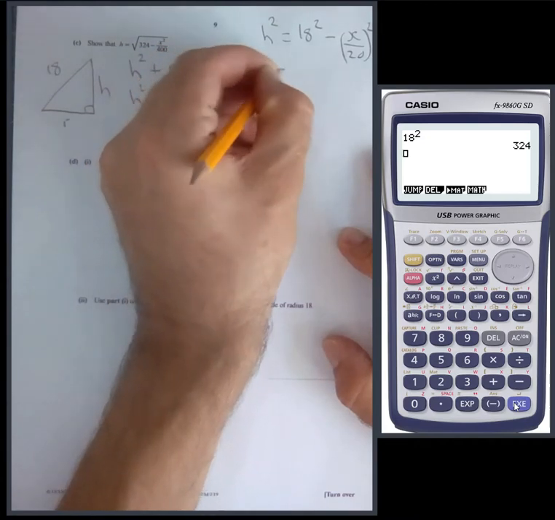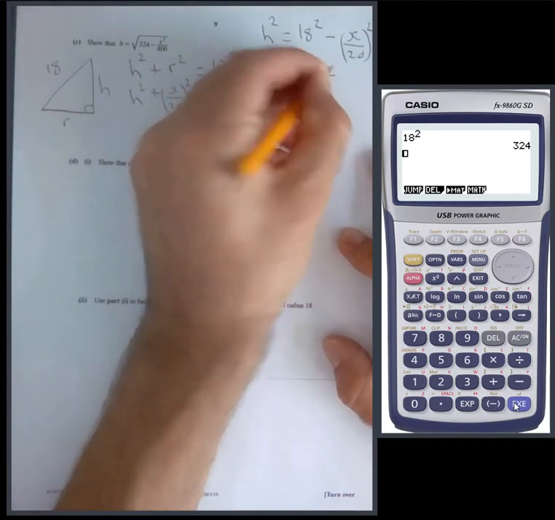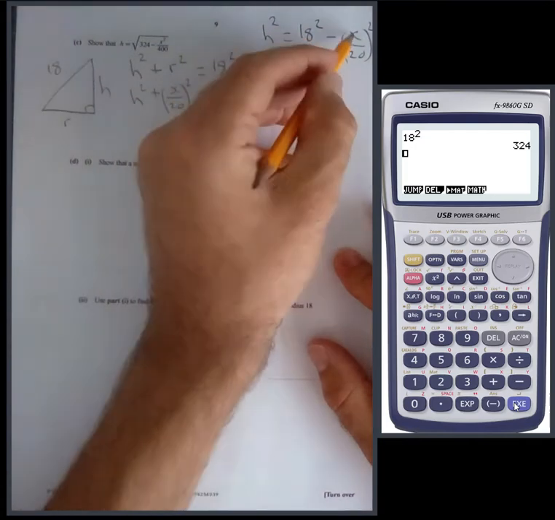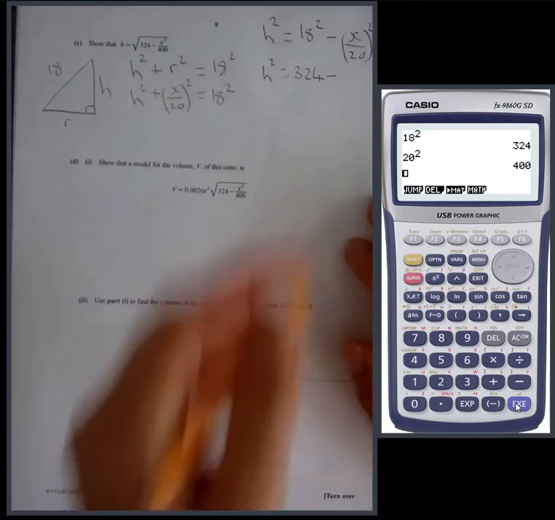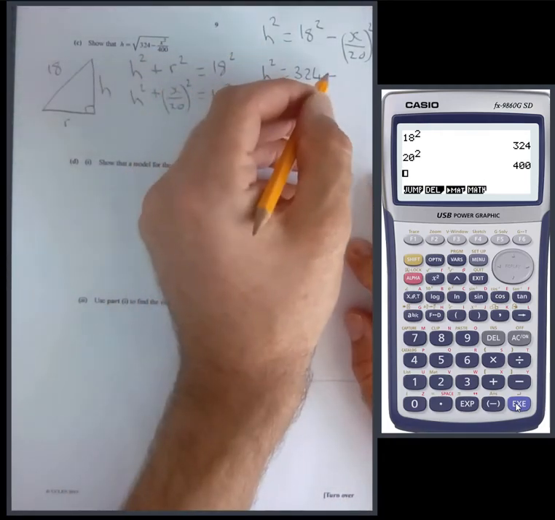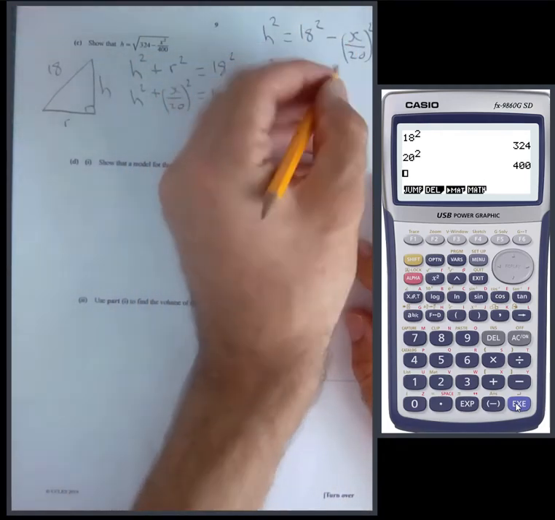So h squared equals 324 minus, well, (x over 20) squared is x squared over 20 squared. Now 20 squared is 2 times 2 times 10 times 10. It's 400, but if you're not sure, just use the calculator. So this is h squared equals 324 minus x squared over 400.